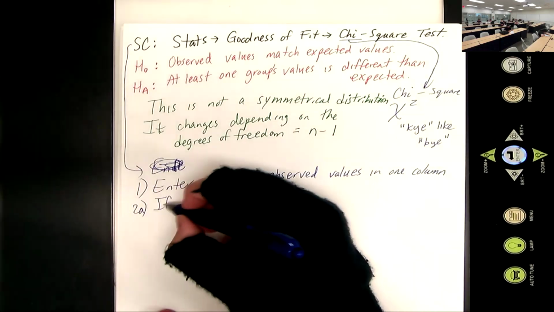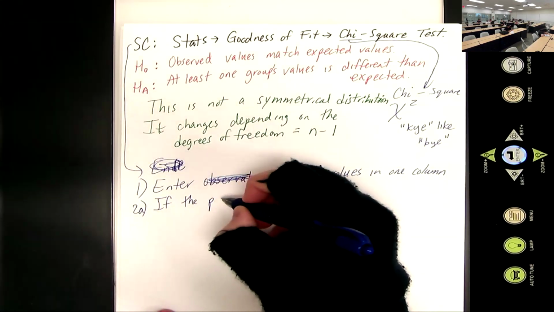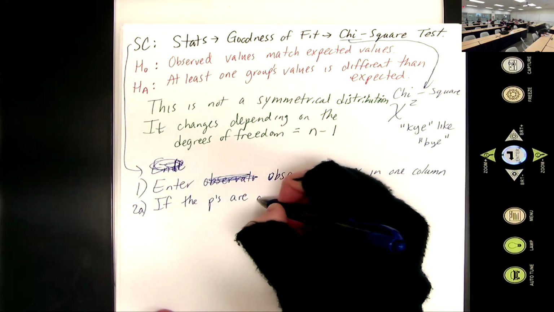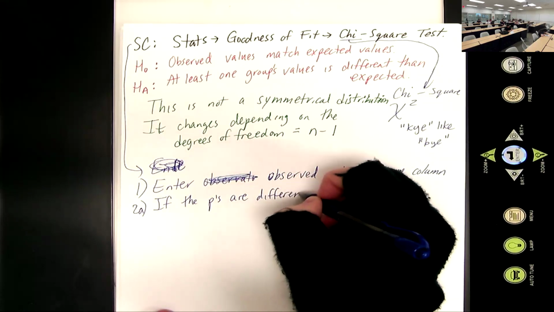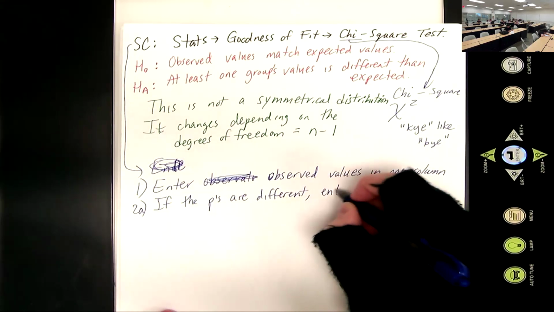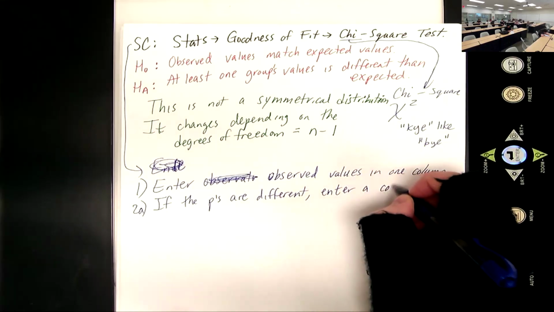If the P's are different, enter a column of expected values.